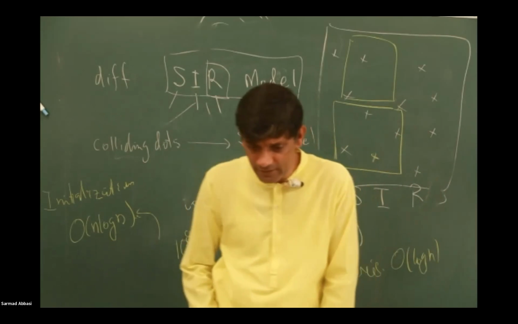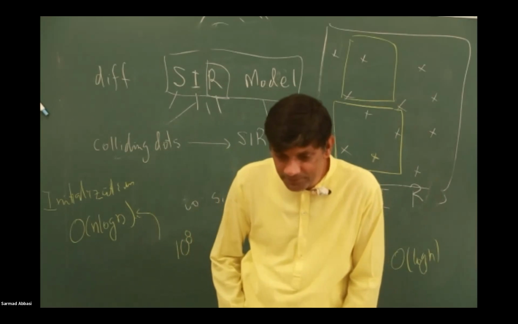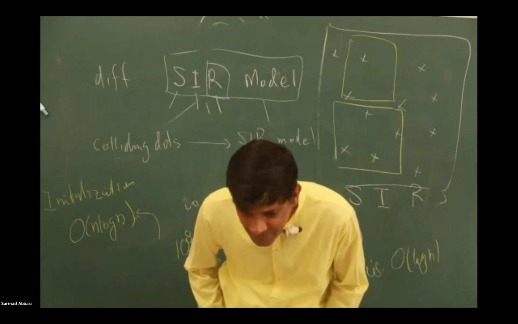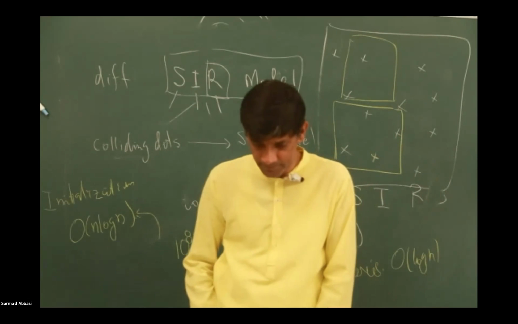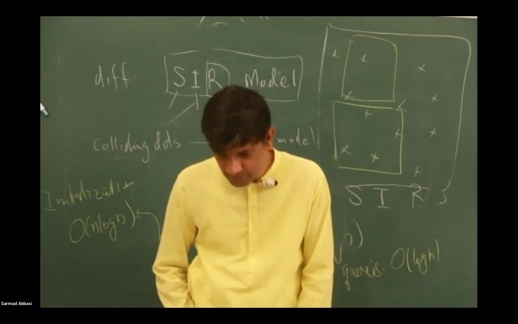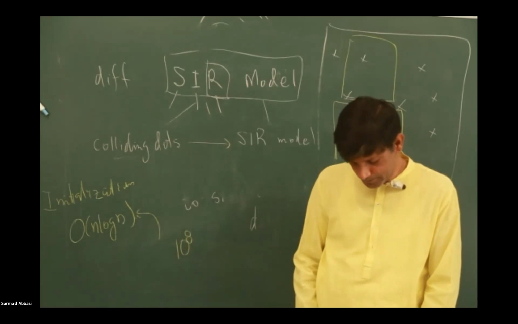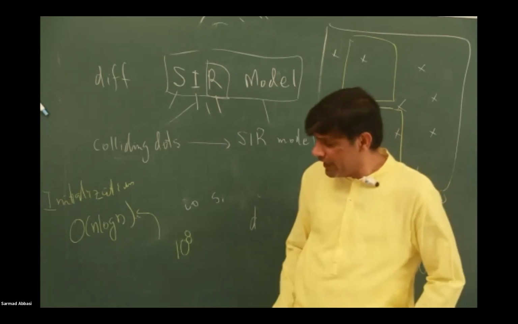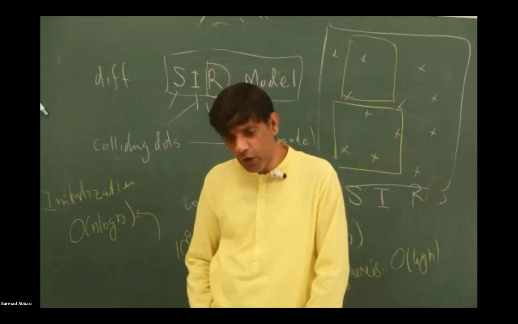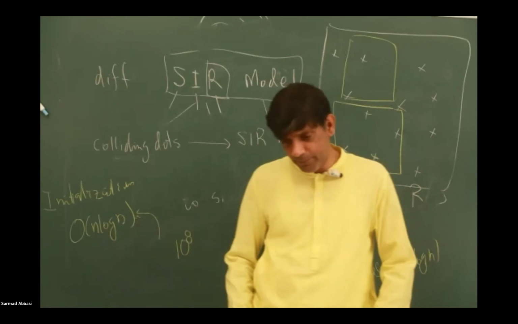Okay. Dharmendra, please go ahead. Hi, Sarmad. Sir, my question was, what will be the order of the matrix that is formed, and will the updated matrix have the same order? Order means it's an n by n matrix, so it's an order n squared entries in the matrix.